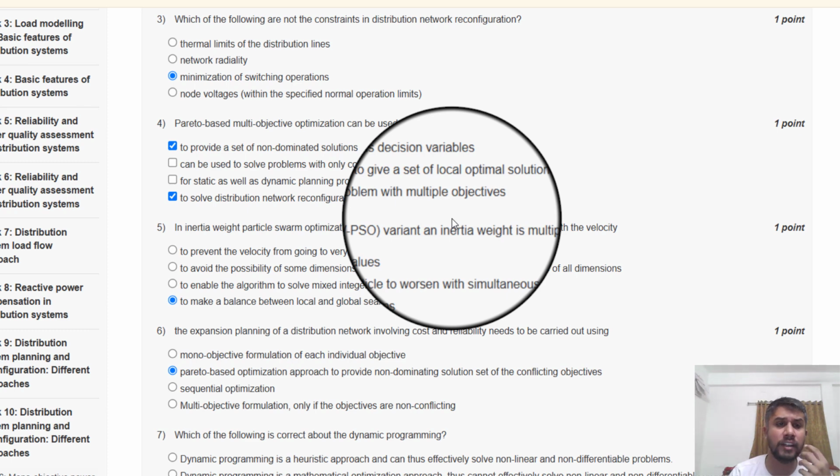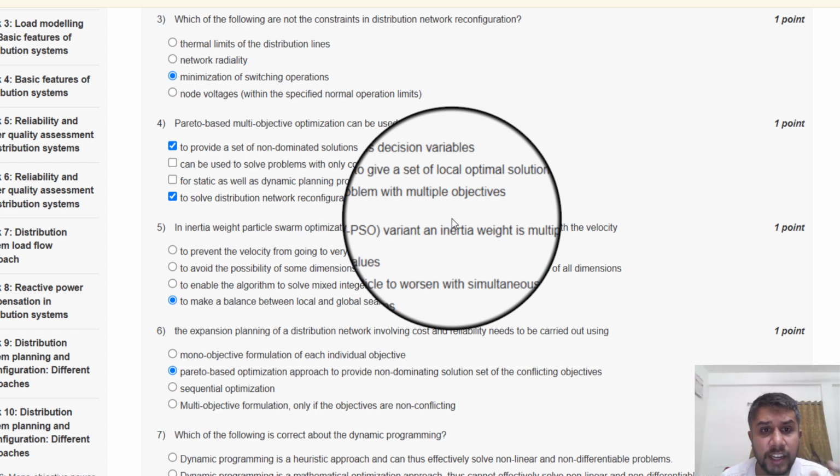Now fourth, Pareto based multi-objective optimization can be used to. First, it is used to provide the set of non-dominated solutions. We have already drawn the graph with objective function 1 and objective function 2 on the x and y plane, a two-dimensional problem. We solved it and found the Pareto based non-dominated solutions. So the first option is right. Second, can be used to solve problems with only continuous decision variables. It is not true, it can be used with discrete decision variables as well.